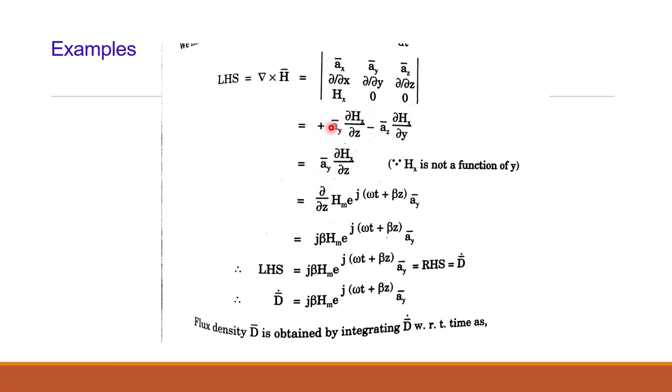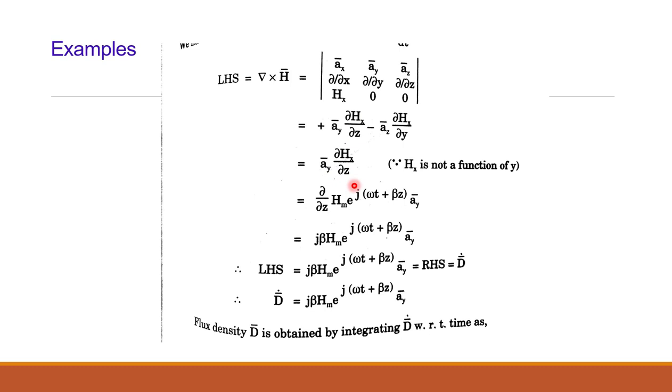So after solving the determinant, what do we get? Ay into dou Hx by dou z minus az into dou Hx by dou y. Out of these two components, only the first is nonzero, so we use this first component: ay into dou Hx by dou z.